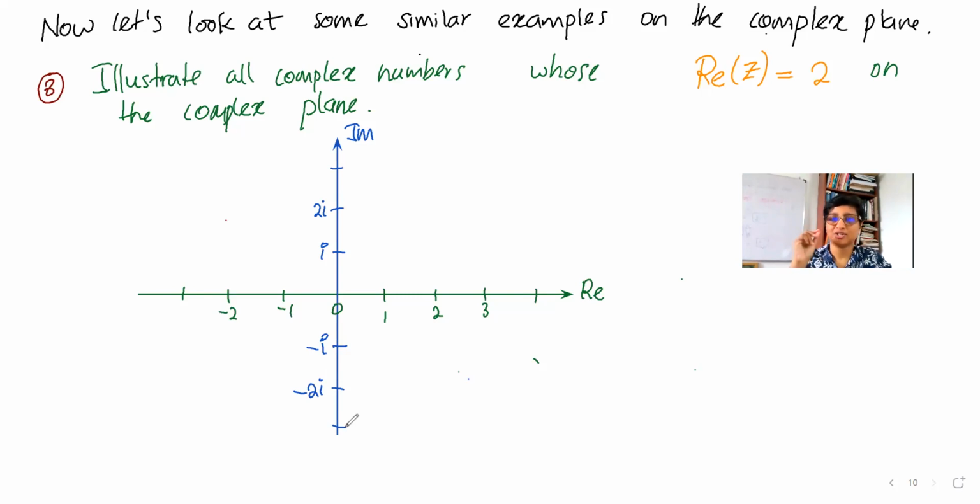If you were to show with dots all the points whose real part is 2, it could be a whole region of numbers, so you might have to shade a whole region, or it could be a line, like earlier, or it could be just one number, like a dot, or 2 dots. I don't know.